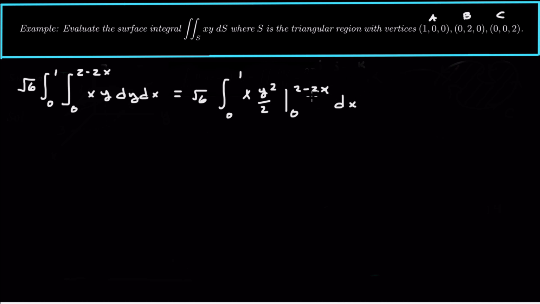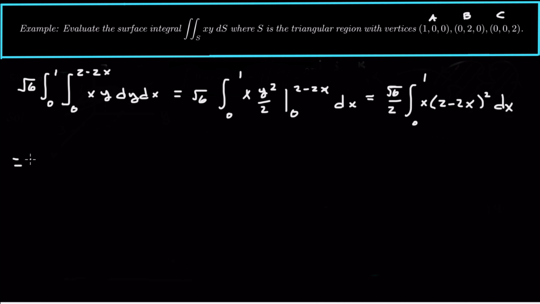Let's pull the 1/2 out to go with the square root of 6. So that's going to be square root of 6 over 2 times the integral from 0 to 1, and then plug in the bounds: x times, plugging in 0, I'll just get 0, so I'll just get (2 minus 2x) quantity squared dx.